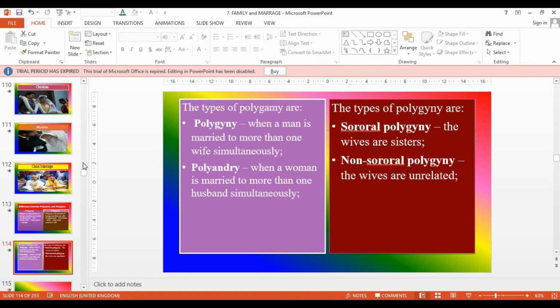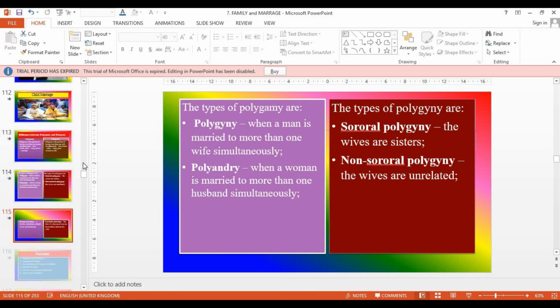And types of polygamy: polygyny and polyandry. In polygyny, a man is married to more than one wife. In polyandry, a woman marries more than one husband. Types of polygyny: sororal and non-sororal.